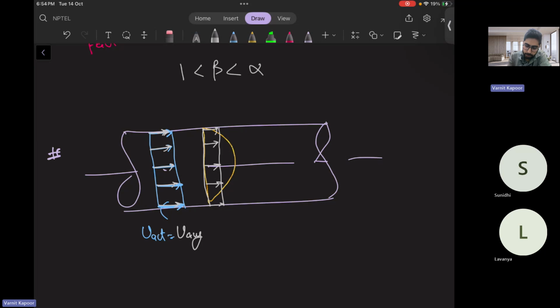The first case is this. The second case is this, where this is your U actual and this is your U average. The third case is where your actual velocity profile distribution somewhat looks like this, and your average velocity distribution will somewhat look like this.